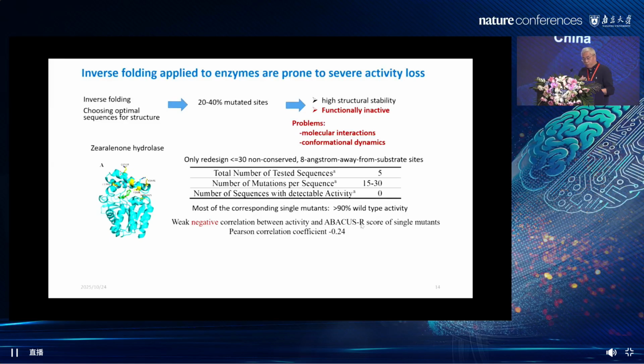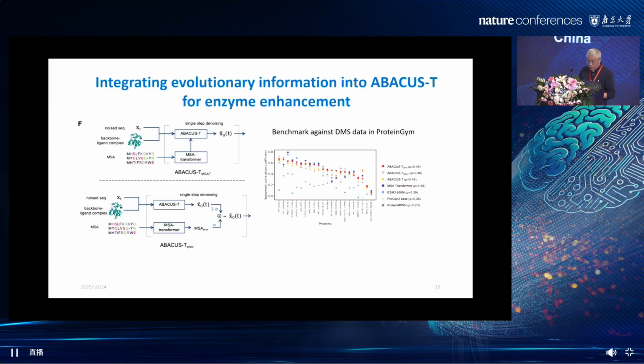Of course, we have already seen that if we apply structure-based inverse folding to functional proteins such as enzymes, we obtain proteins that are highly structurally stable, but most often they are functionally inactive. One of the problems is molecular interactions and conformational dynamics, and also there is something we don't know about enzyme catalysis.